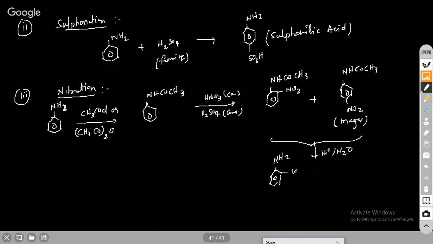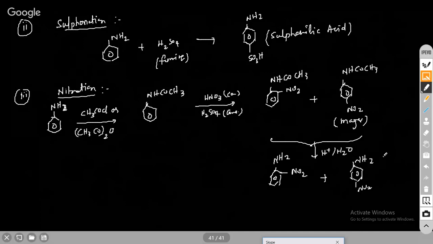NH2 here, NO2, plus you'll get here NO2 and NH2. Para will be the major one. Okay, these are a few important reactions of aniline.